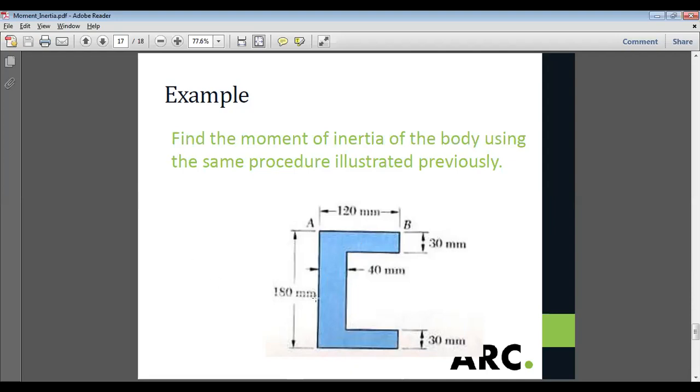When we draw a horizontal line at the center, we will see that the top and bottom legs are symmetrical. So the figure is symmetric about the x-axis, which means the focus or centroid is not shifted from the x-axis. This way, the distance y will fall on the x-axis, and y will be 0.